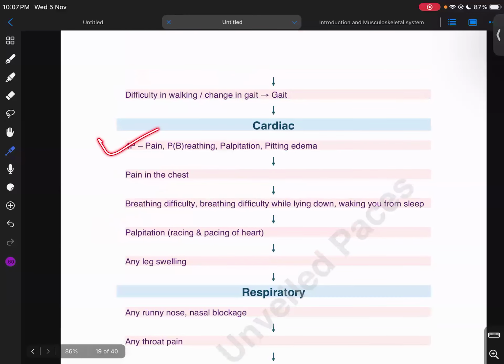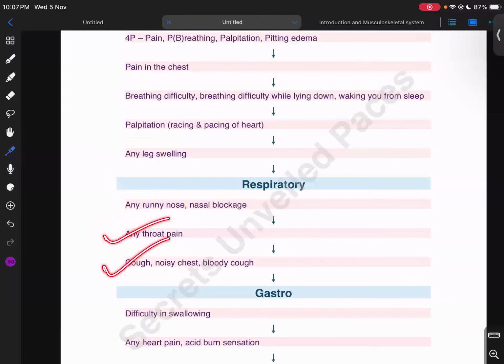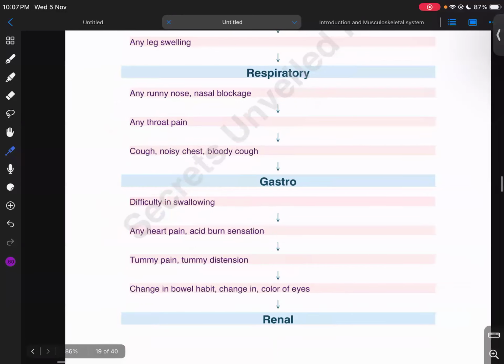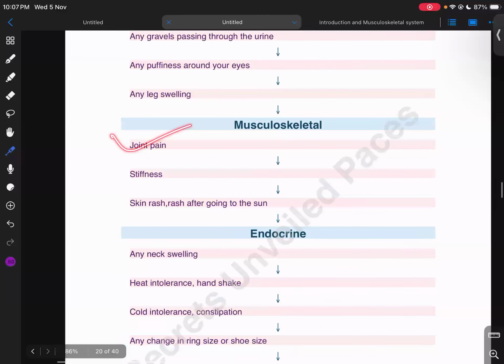For cardiac, we have to ask about 4P. That is pain, breathing, palpitation, pitting edema. For respiratory, any runny nose, any throat pain, any cough, any bloody cough, any noisy chest. For gastro, difficulty in swallowing, heartburn. So these are the systemic questions. All the systemic questions are not necessary to ask for every prompt.